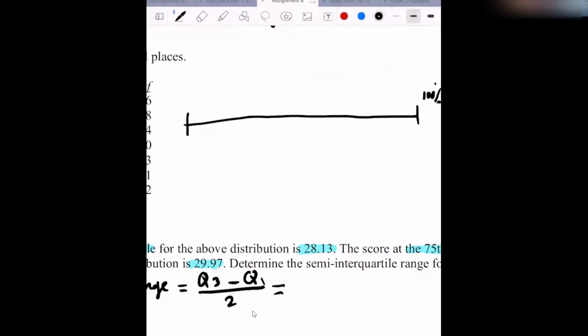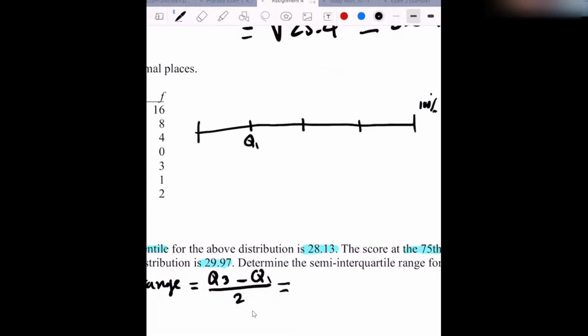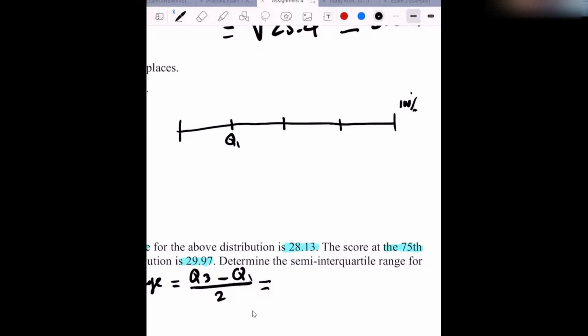If you divide this data set into 4 equal parts like this, then the number right here will be Q1, or you can call it the first quartile. Make sure that you take notes if you don't remember it.